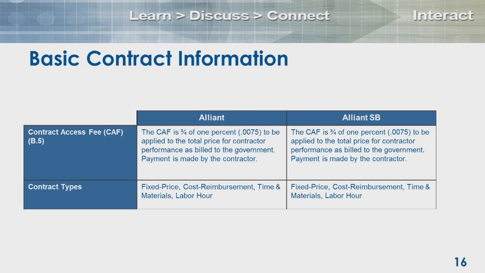Contract type: there's a wide spectrum of contract types, from firm fixed price to cost reimbursement to time and materials. Sometimes we have hybrid contract types, meaning you can have multiple contract types within one task order.